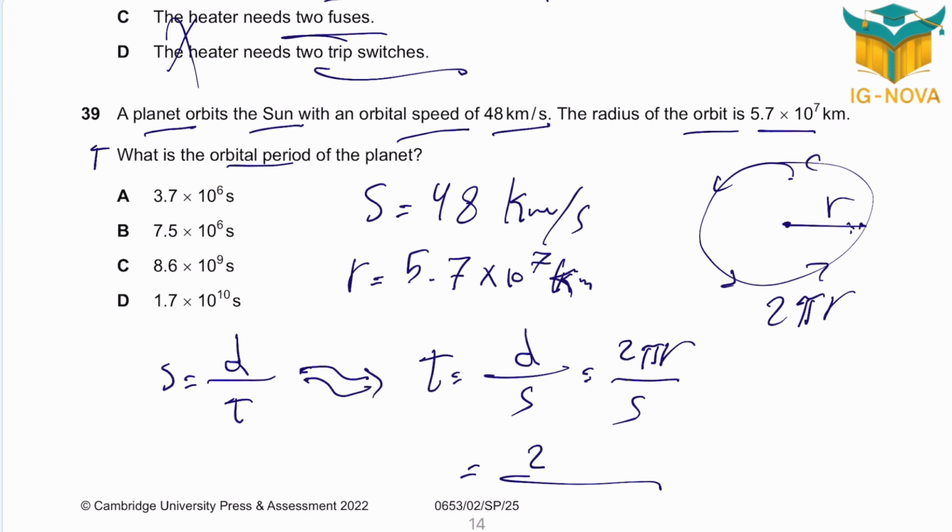Substituting numbers, 2 times 3.14, r is 5.7 times 10 power 7, and speed is 48.